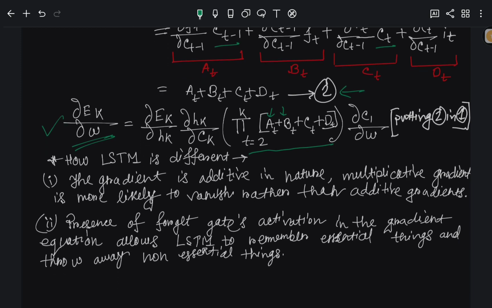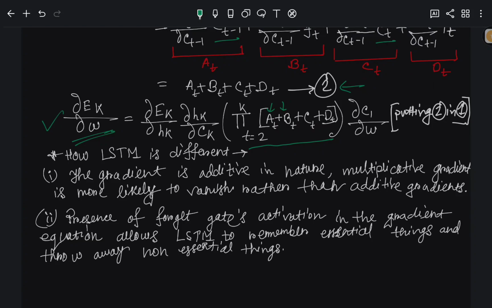So with these two things, we can say that LSTM will work much better in the case of long-term dependencies compared with the RNN. The main reason is that here the derivative term is additive in nature, but in the case of RNN, the derivative term is multiplicative in nature, which has a very high chance of going into the vanishing gradient problem, right?